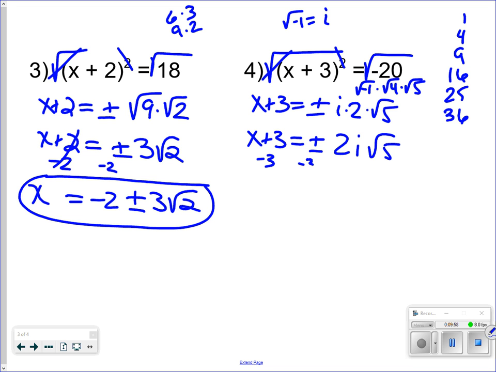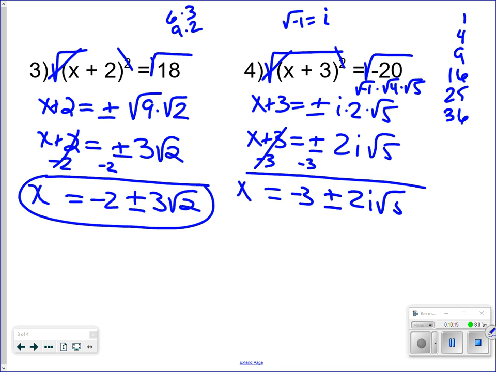Subtract 3 on one side, subtract on the other. Drop down your x, cancel your 3's, equals. Now remember, the negative 3 comes first, then the plus and minus things. Plus and minus 2i root 5. So that whole big string is your answer. Negative 3 plus or minus 2i root 5.